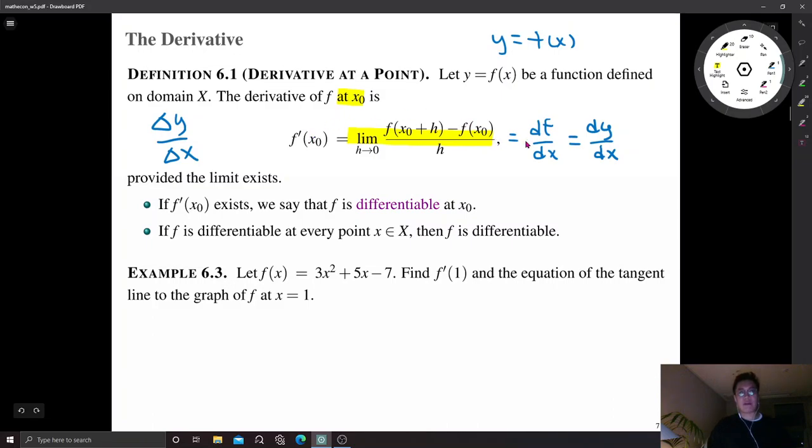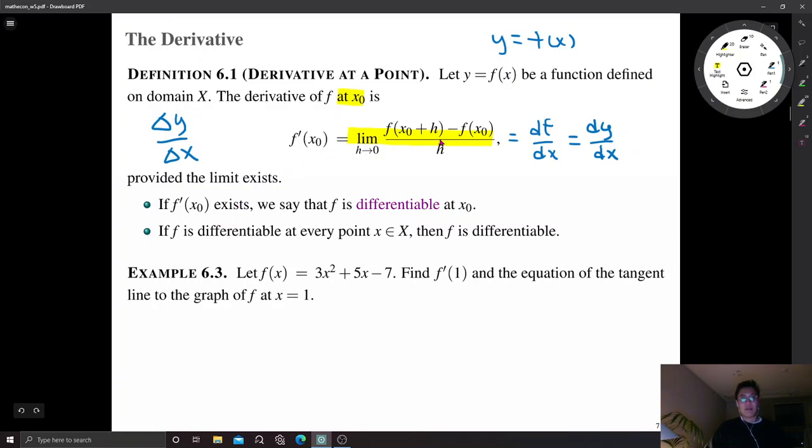So we have here three equivalent expressions for the derivative: f prime, df over dx, or dy over dx. They all mean the same thing, the derivative. The derivative is defined as a limit, and we are going to talk about the existence of a limit in the next video.